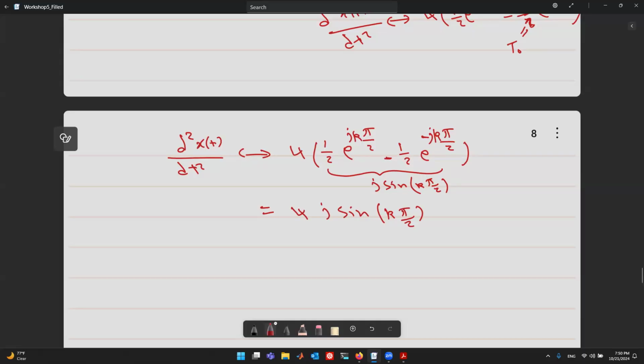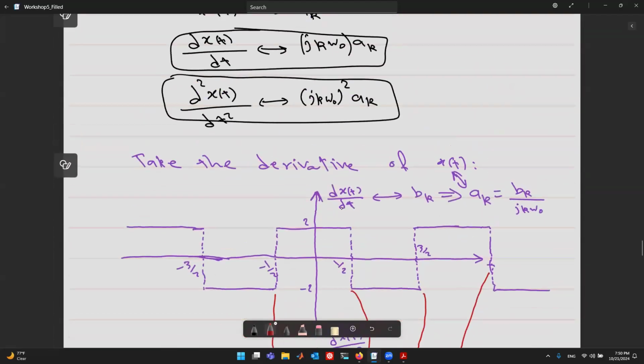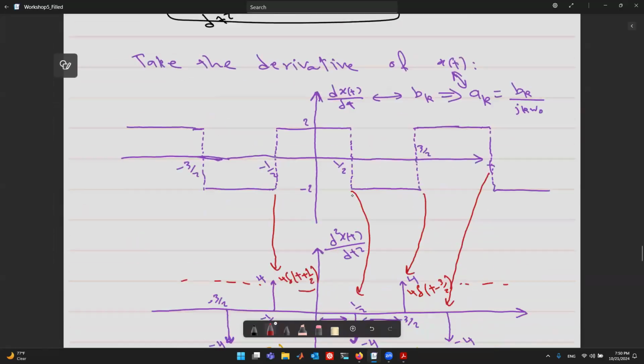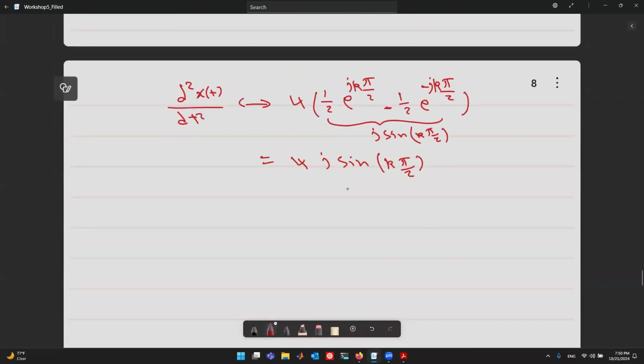Now to get back to the coefficients of x(t), we know that these are the coefficients of x(t) multiplied by j k omega naught twice, as we have seen here. So to get the a_k, we need to divide the coefficients of this by j k omega naught squared.